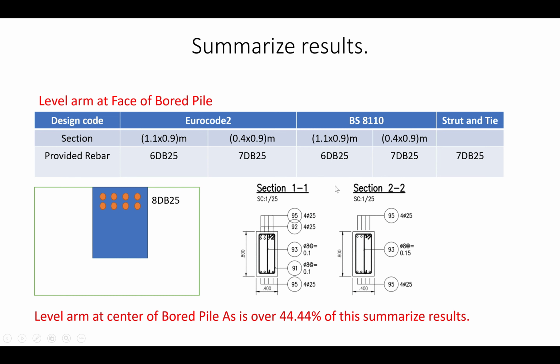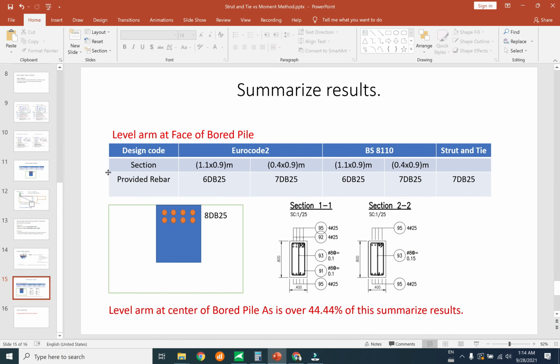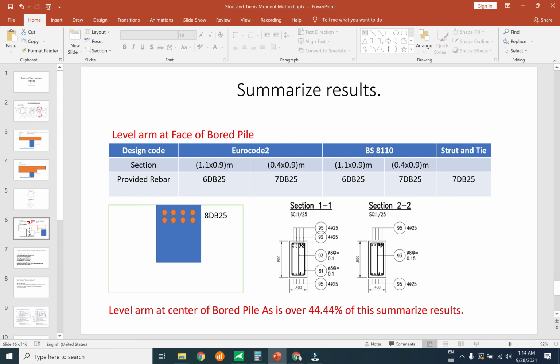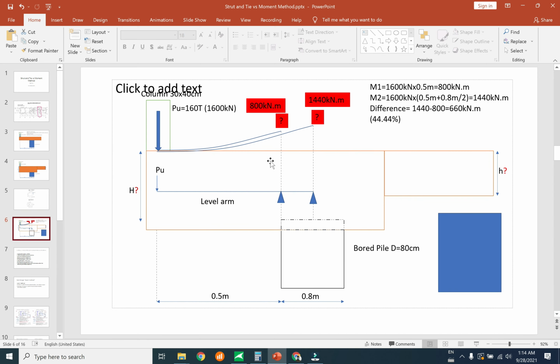Okay, to conclude, in the case that we take the moment at the face of the bored pile, the result is similar to the Strut and Tie method. And why do we take only the face of the bored pile?